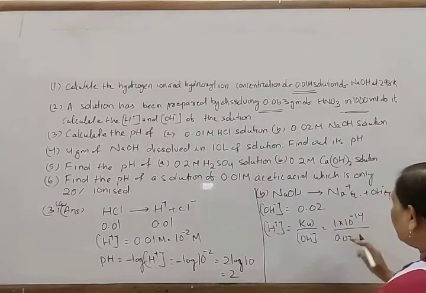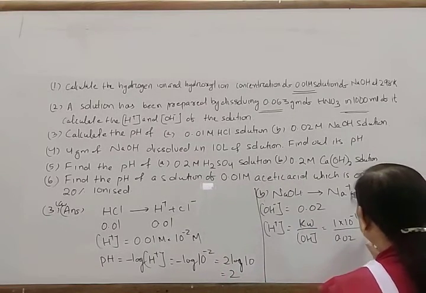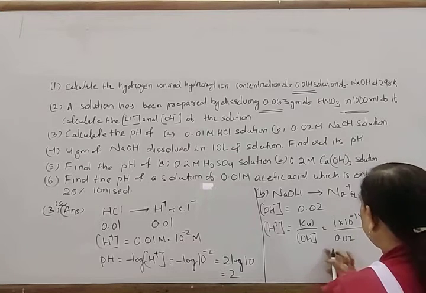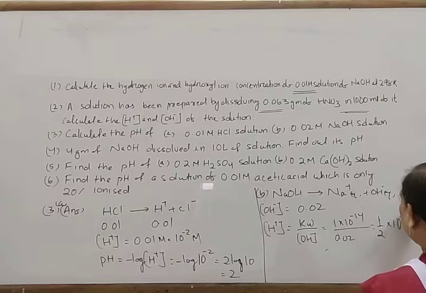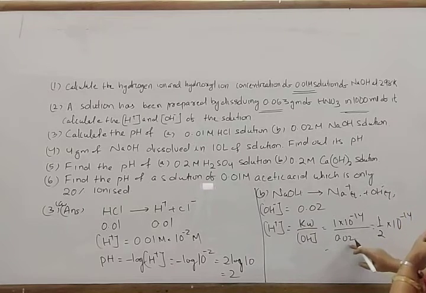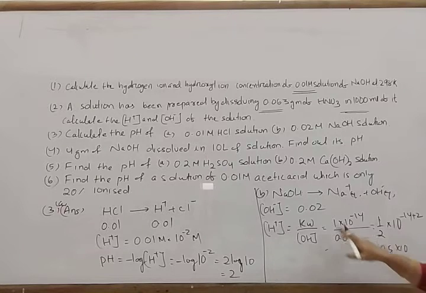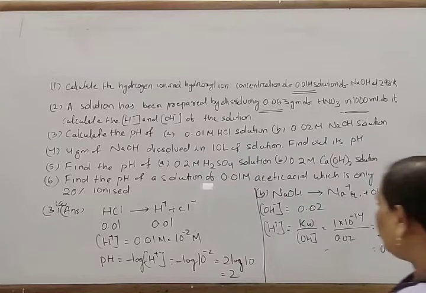So 1 by 2 into 10 to the power minus 12, that is 0.5 into 10 to the power minus 12.